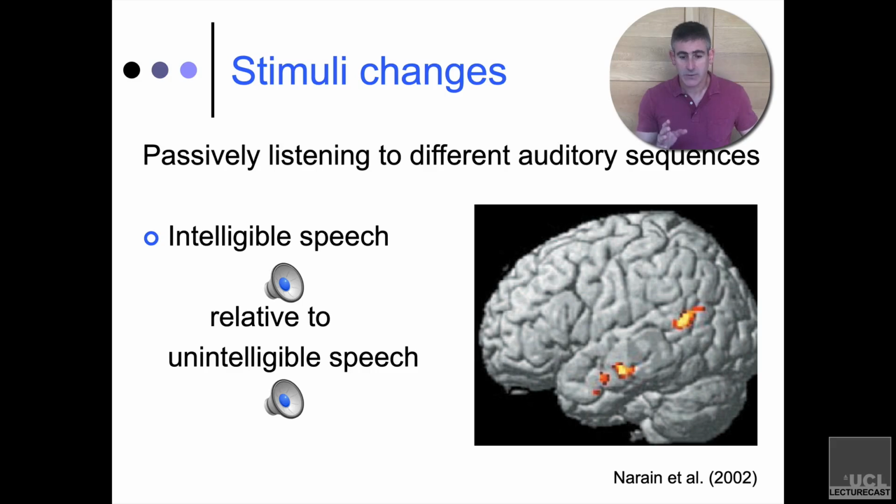They're listening and trying to figure out what's being said. It's just that different types of things are being used as stimuli, intelligible versus non-intelligible. And again, because the task didn't change, the only thing that changed is the stimulus. You can directly compare them and see that there are parts of, for instance, the superior temporal sulcus that are very sensitive to whether or not the acoustic information carries meaning or doesn't carry meaning. And that's a very, very good design.